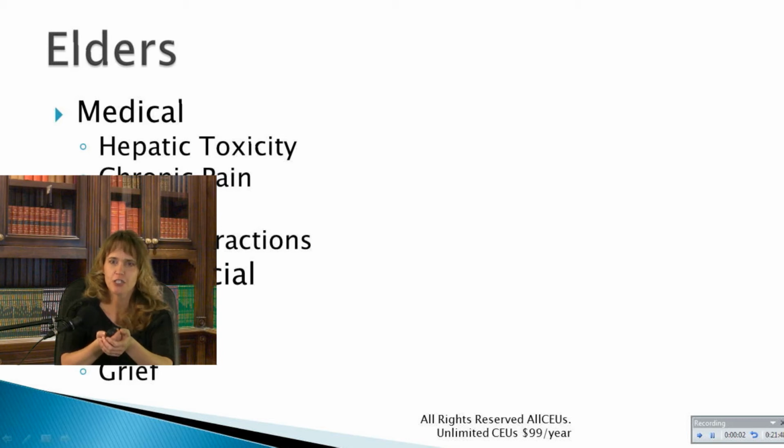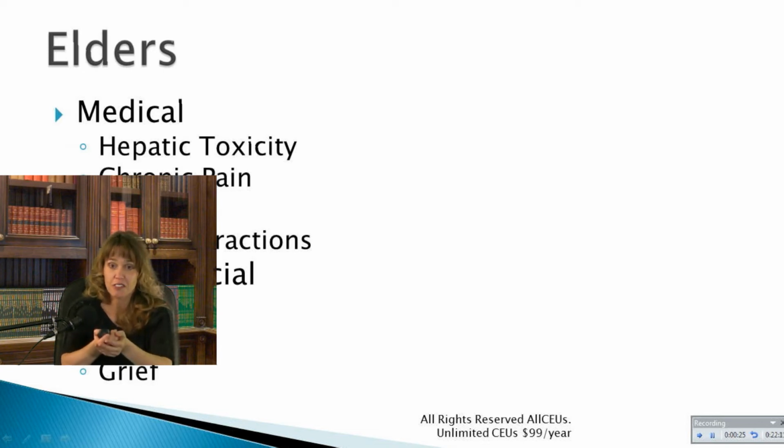Elderly people, as I talked about earlier, can have hepatic toxicity. Say that 3 times. Basically, that means that stuff builds up in their liver faster than in people who are not elderly to a toxic level. Chronic pain. That's one we've already talked about.